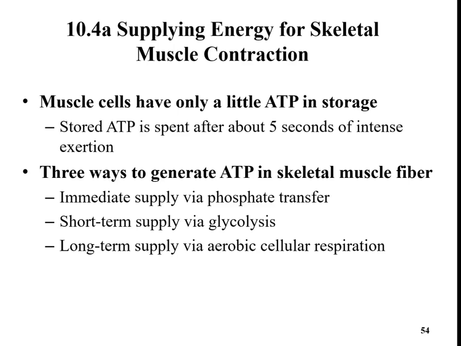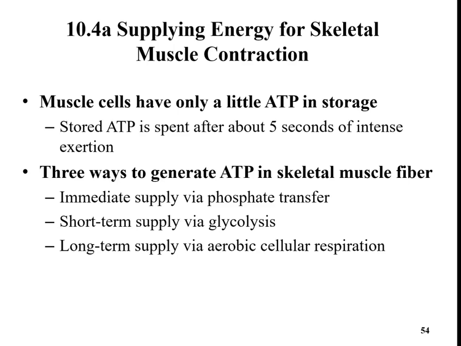Whenever you take in energy through food, the food's going to get broken down into its constituent parts. One of those constituent parts is glucose. Glucose is going to get transported inside of your cells into the cytoplasm to be turned into a net gain of 2 ATP, okay? Net gain of 2 ATP. So it's not a lot of ATP, but it does help, and it is a short-term supply.